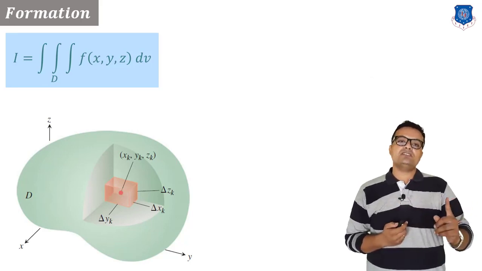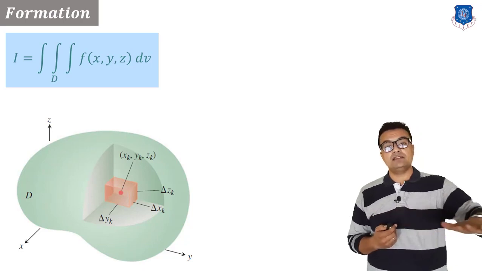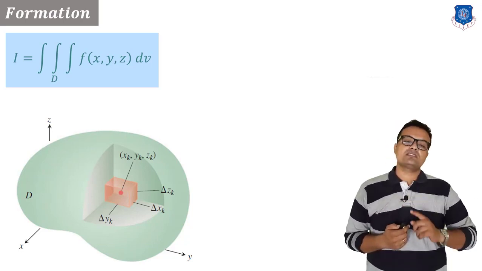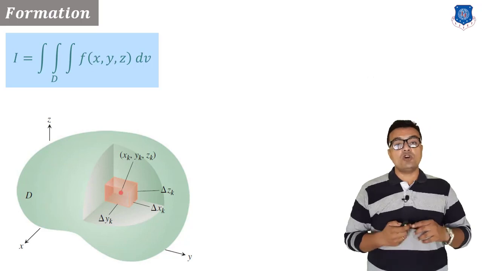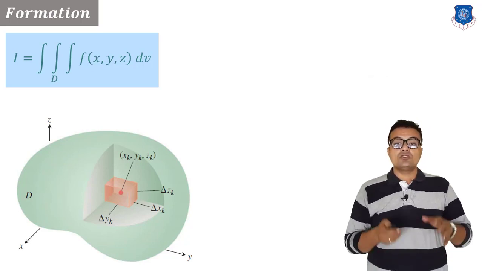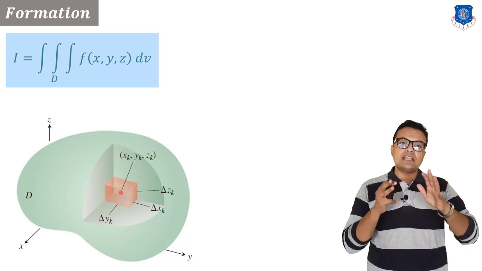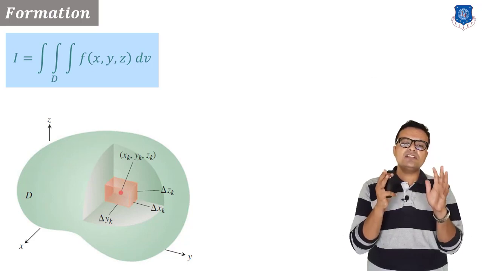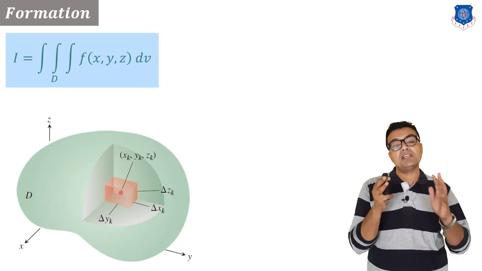If you are taking integration with respect to two variables, your input is coming from a two-dimensional plane. But now if you are considering triple integration, obviously your input will come from three-dimensional space. So this D, which is like a lump of clay in the three-dimensional space, is nothing but our input.